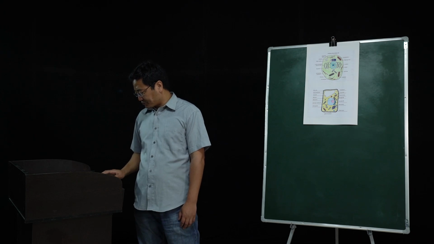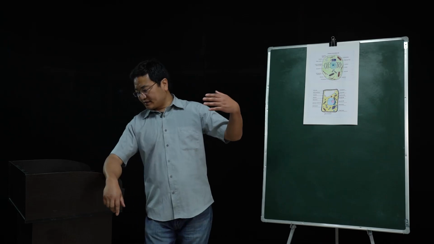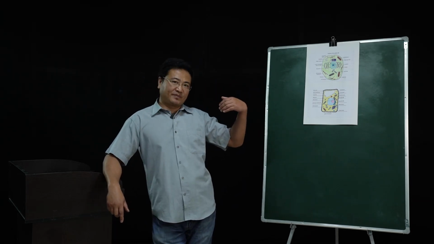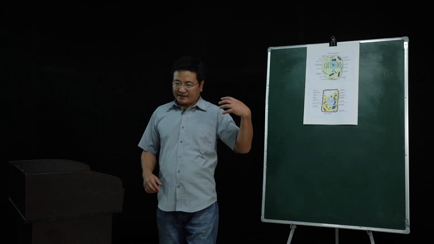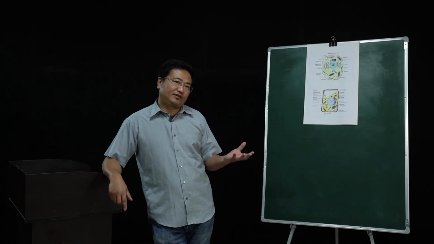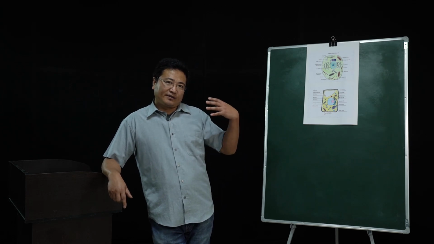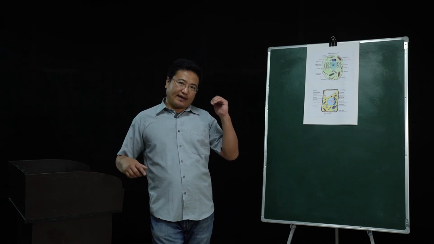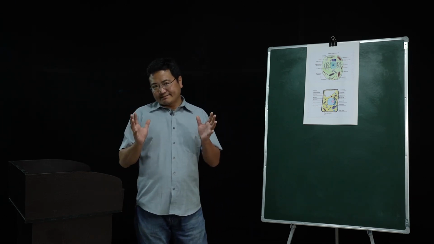Now, let us recapitulate what we have learned today. At the outset, I told you the size of a cell has no relationship with the size of an animal. It is only related to its function, the way the cell is functioning.